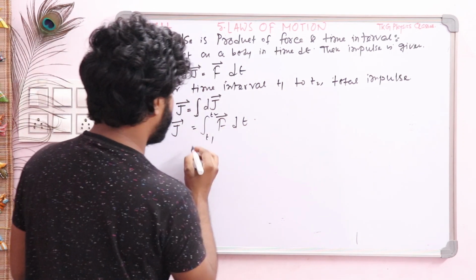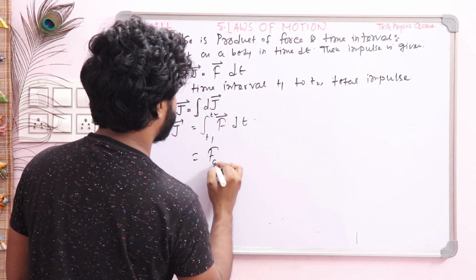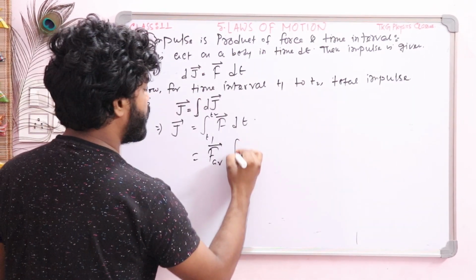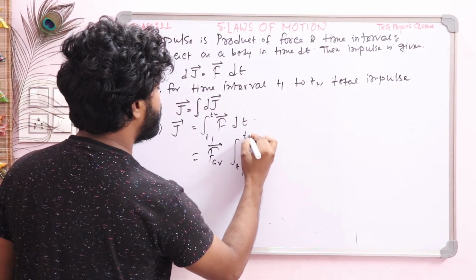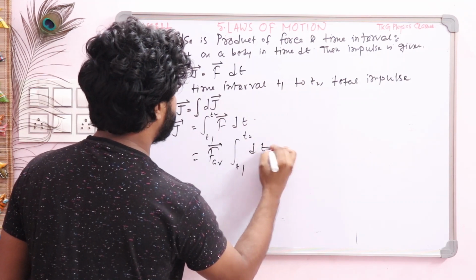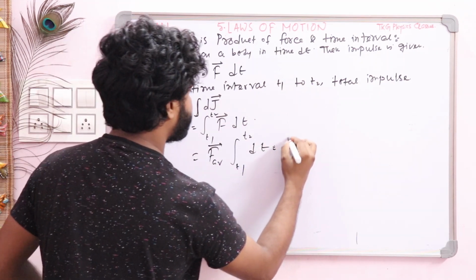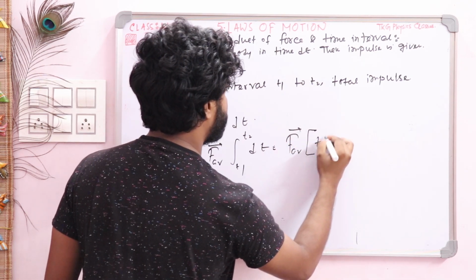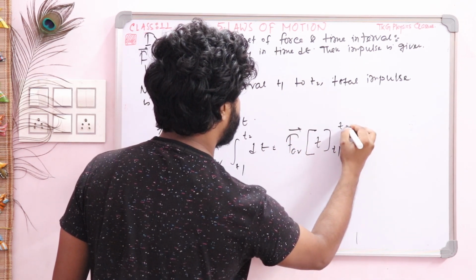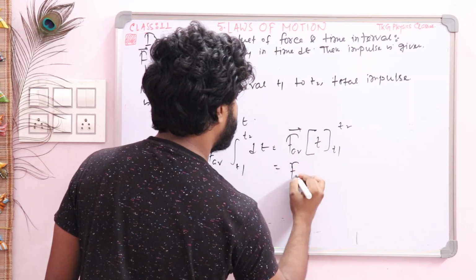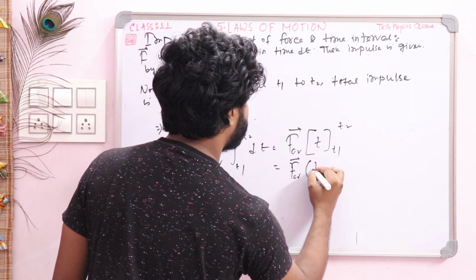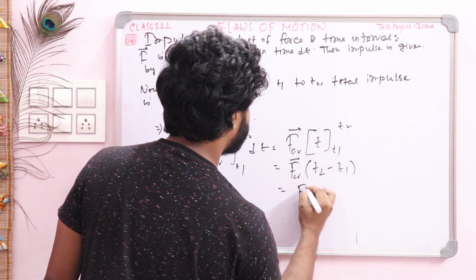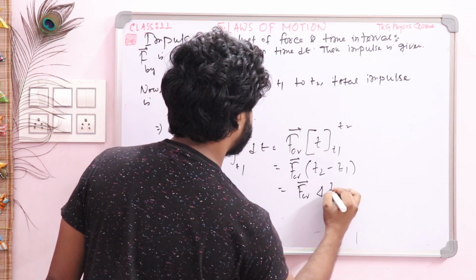So here this force must be average force, and this is the constant part, so this part will be outside. When you take average, this one will be constant, T1 to T2, and there is dt. Now you see F average and dt integration, that is t, so this one is T1 to T2. Now you use the limit, F average, here this one is T2 minus T1, so this one is F average and T2 minus T1, that is delta t.